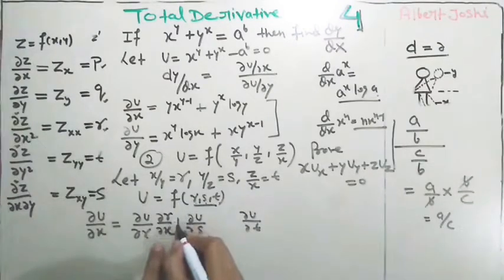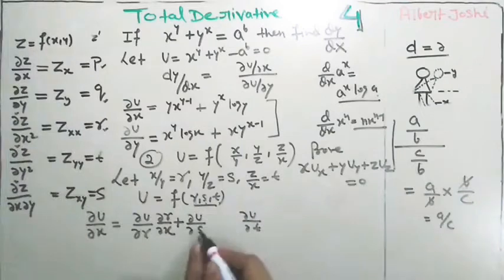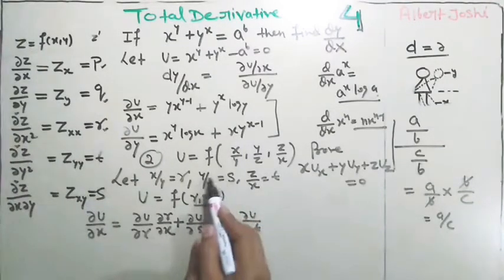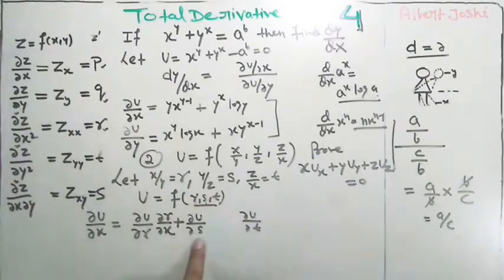Then plus del u upon del s. In this s, because we are differentiating with respect to x, we will differentiate with respect to x, then with respect to y.